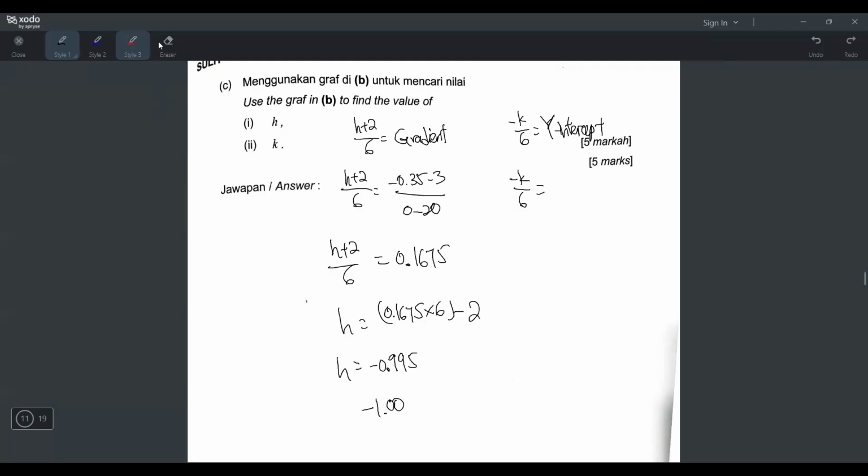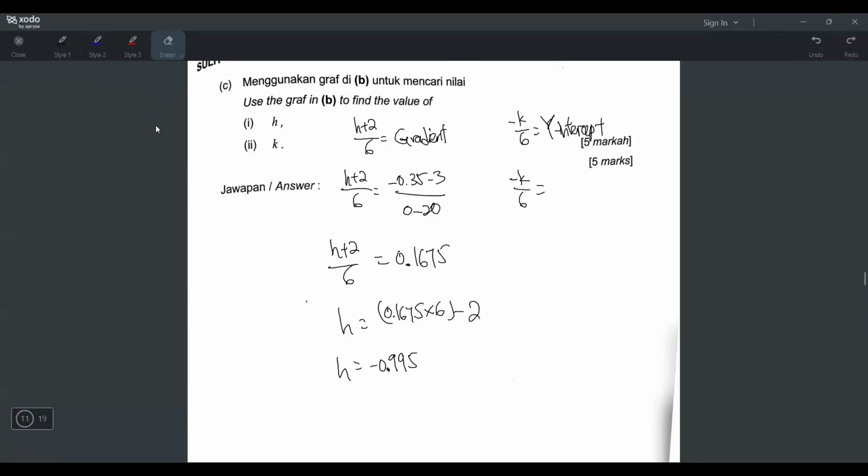Okay, I don't recommend to do it like this. Because this answer later they will check with the schema. If you write negative 1.00 means you round off, right? Actually, the more decimal places you write, the better. Especially for this answer because they will compare your answer with the schema answer. So I will just leave it like this.